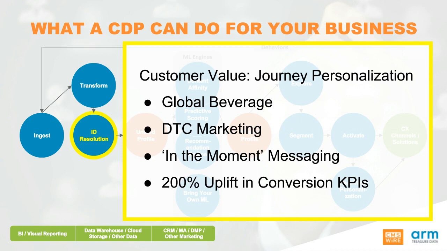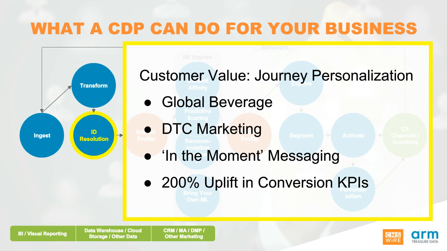A good example that we recently dealt with for ID resolution is a very large global beverage manufacturer and distributor. If you are in the world of CPG, consumer packaged goods, you know that direct-to-consumer marketing is key on all of these CPG companies' minds, the ability to maintain direct relationships with consumers. For this particular beverage company, in-the-moment messaging was critical. How do I know that this person is in the moment to buy a particular type of my product, a particular brand, and how do I make sure that I personalize that message right there and then?